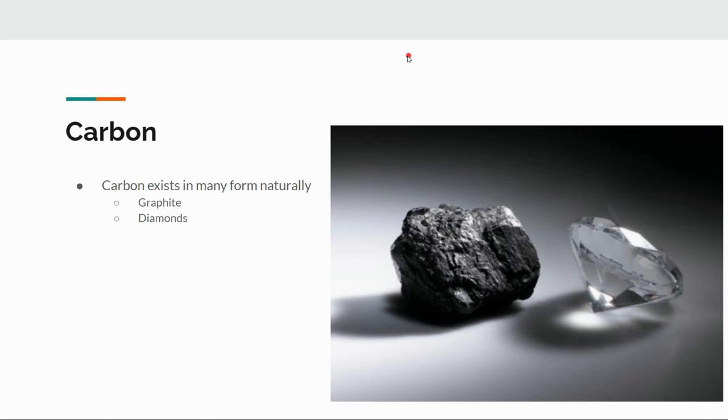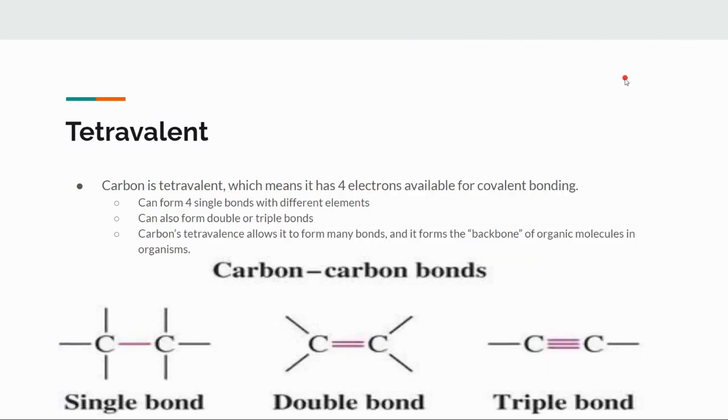So carbon also exists in many natural forms. These forms can be graphite and diamonds. And carbon is tetravalent, which means it has 4 electrons available for covalent bonding. Remember, think back to the last presentation we did over section 1.